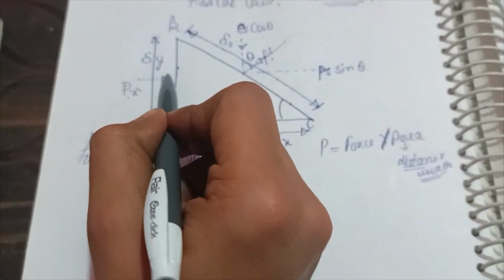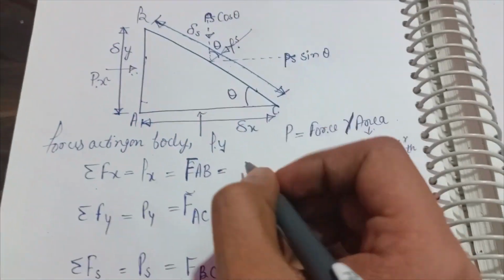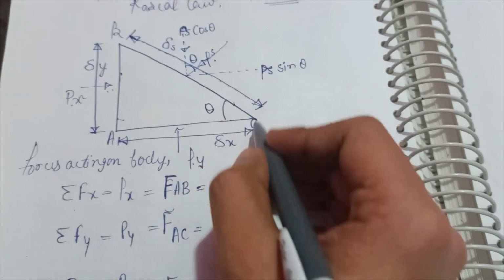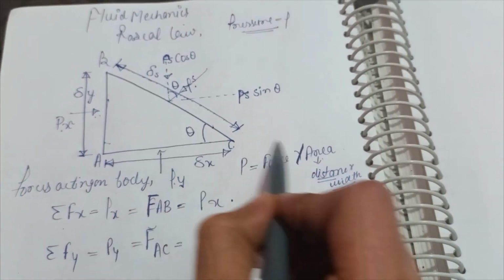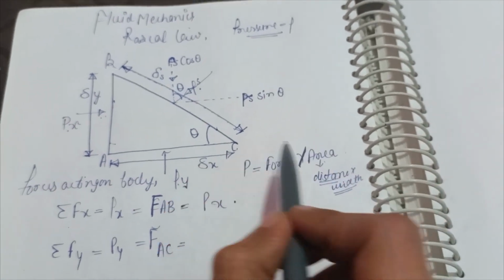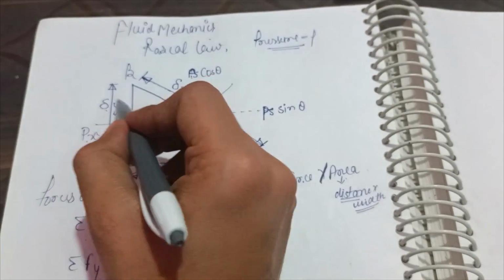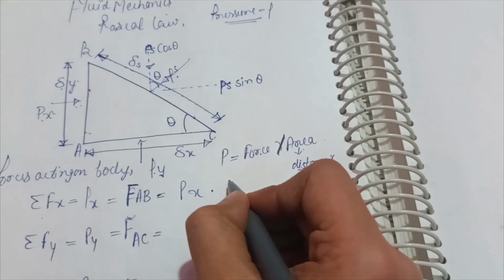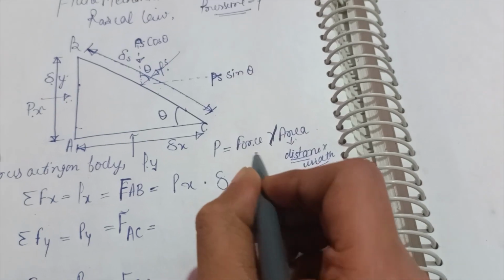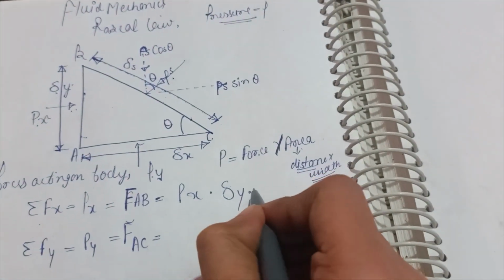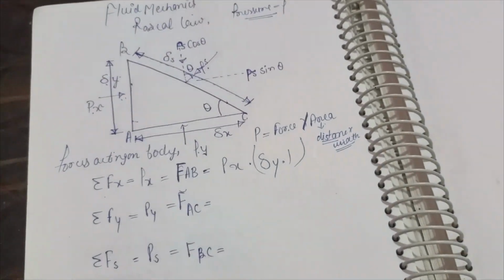The force at AB is pressure Px multiplied by area. Area is distance into width. Let's consider the distance is delta y and the width is 1, a unit width.